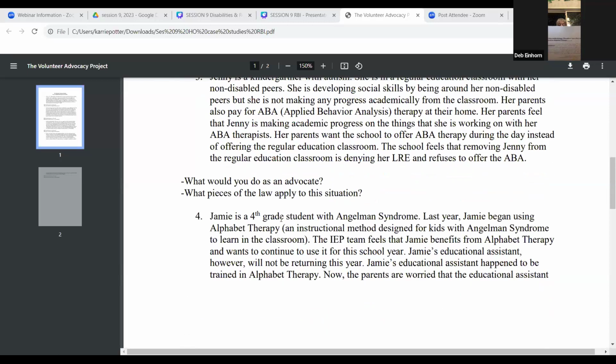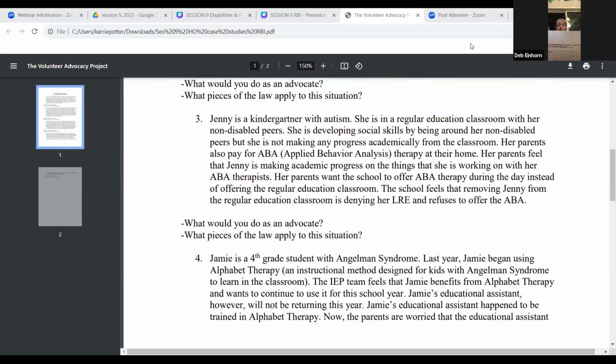Okay, so the third one is Jenny is a kindergartner with autism. She's in a regular education classroom with her non-disabled peers. She's developing social skills by being around her non-disabled peers, but she's not making any progress academically from the classroom. Her parents also pay for ABA therapy at their home.